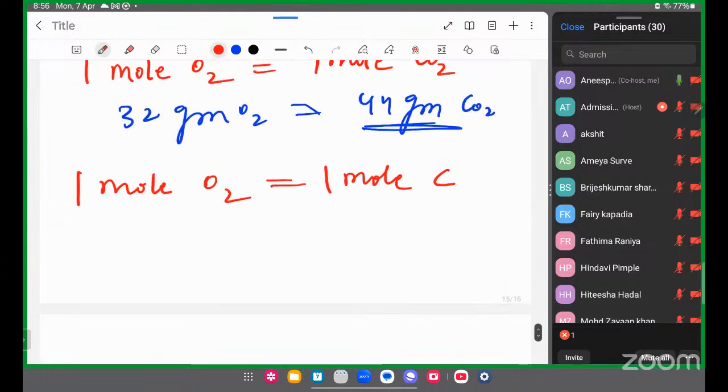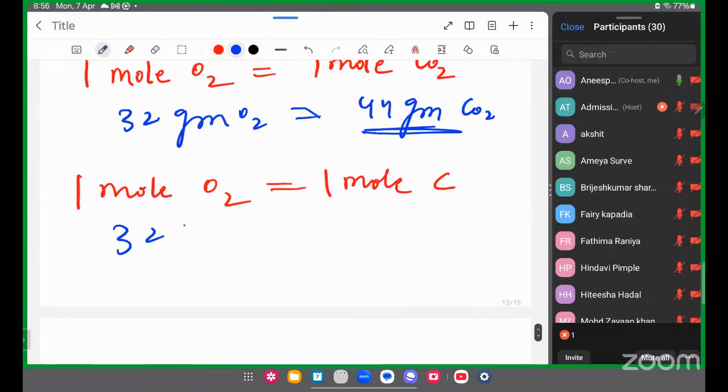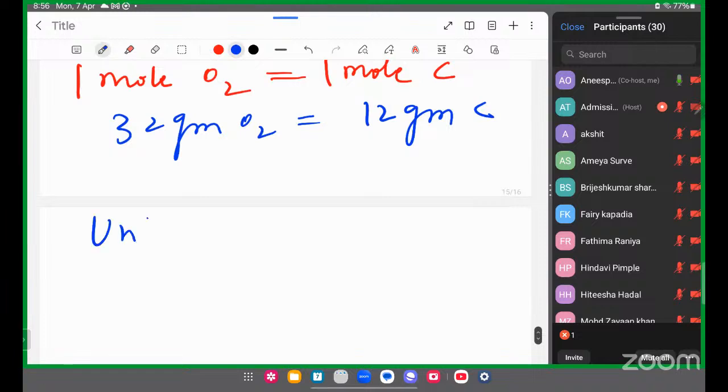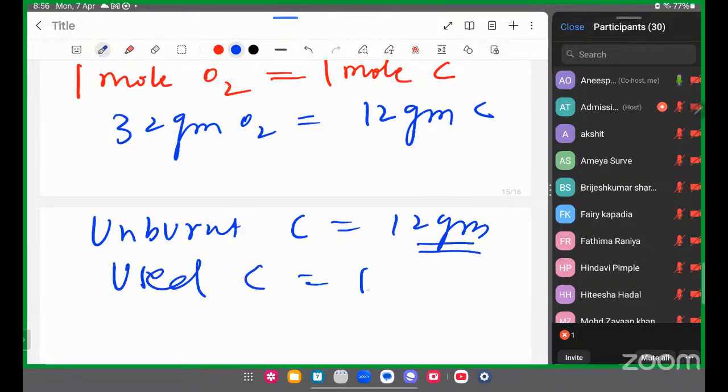In terms of gram, 32 gram oxygen reacts with only 12 gram carbon. And we have total carbon as 24, which clearly states that we will be left with 12 gram carbon, which is unburnt. So unburnt carbon is 12 gram. And used carbon is also 12 gram.